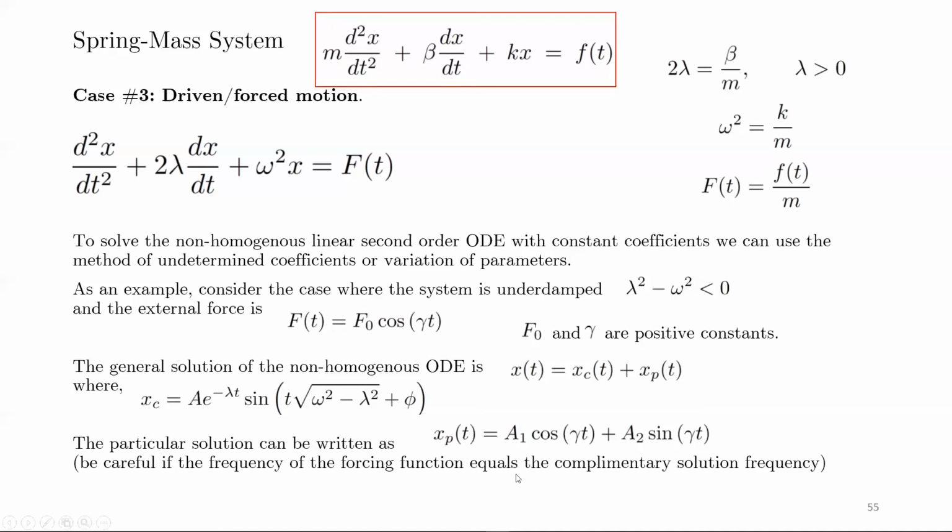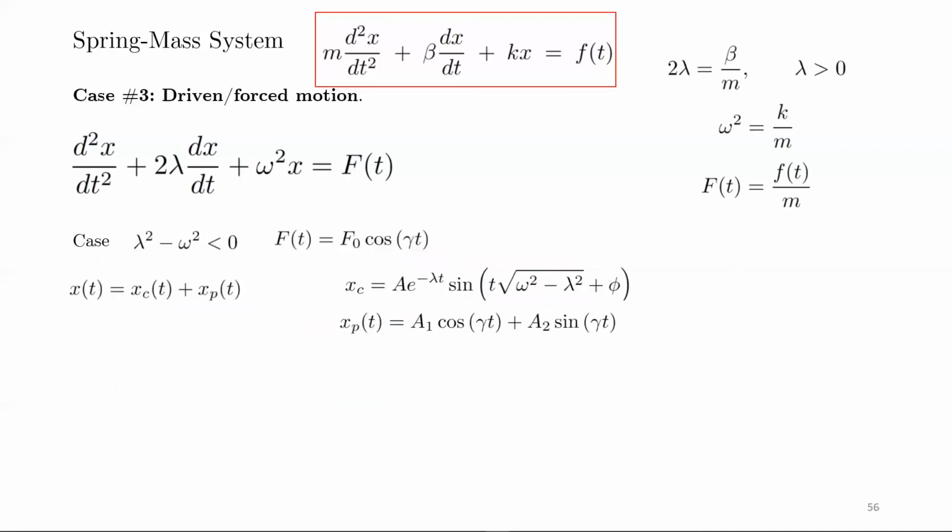But again, we just need to be careful if the frequency of the forcing function, so this cosine gamma t here, equals the complementary solution frequency. Basically, you may like to go back over your notes as to what happens if that happens. Okay, so we get our solution x of t equals the complementary solution plus a particular solution, and for this particular case we were looking at, these are our complementary and particular solutions.